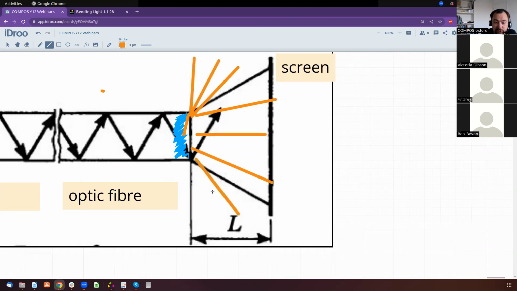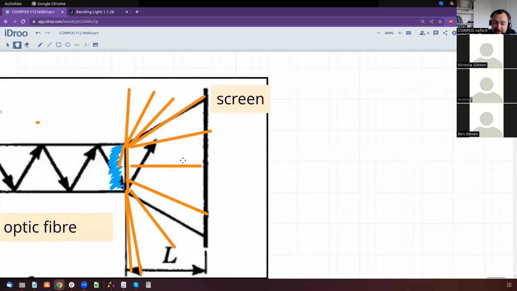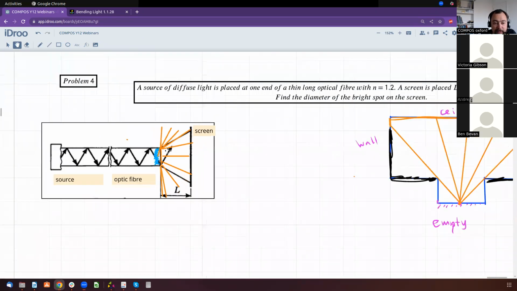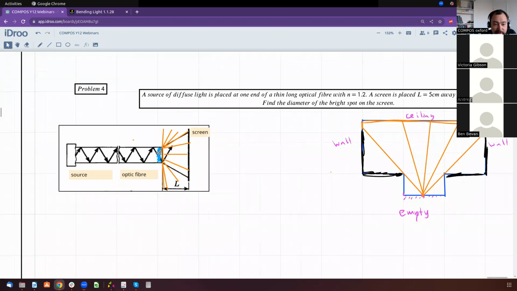So there should not be a limit. It should cover an infinite bright, so it should be a bright spot of infinite size, if the light was traveling in all directions inside the fiber.